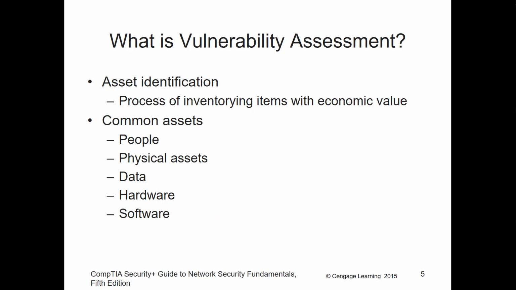Asset identification is the process of inventorying items and understanding their monetary value. Common assets could be people, any type of physical assets, data and information, which is a heavy asset, any type of hardware or software, intellectual property, things of that nature that we're looking at measuring.